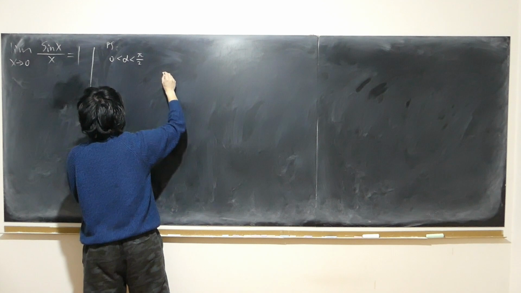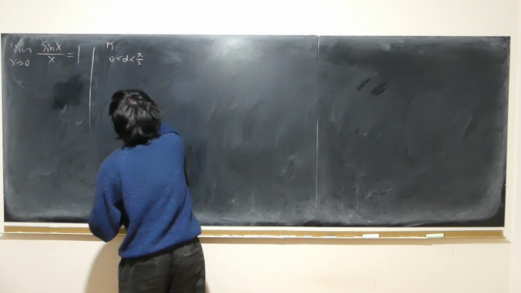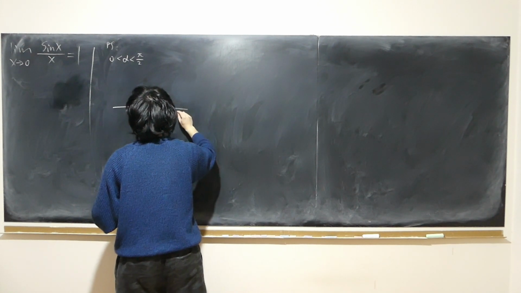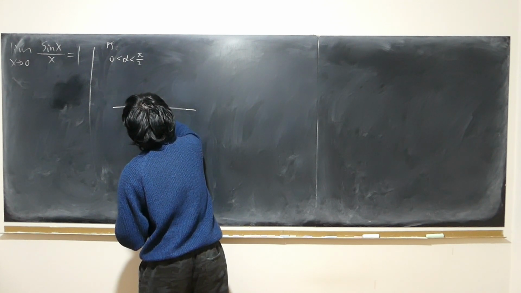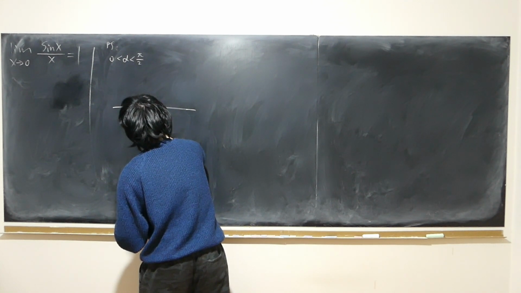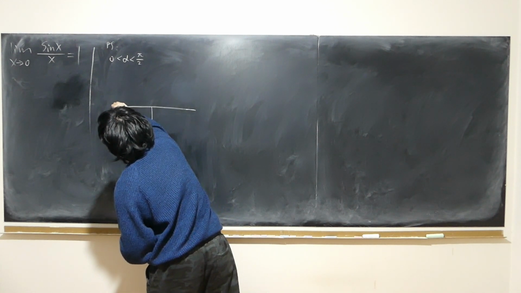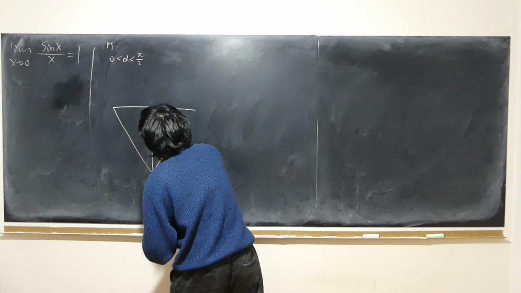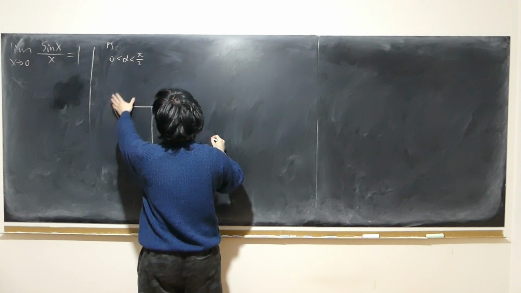Since we're talking about limits, I need alpha to be small enough. Then I'm going to draw this line segment. This is the midpoint. Then I'm going to have a radius of just 1, and this is my radius, the same radius. And I'm going to draw the arc.